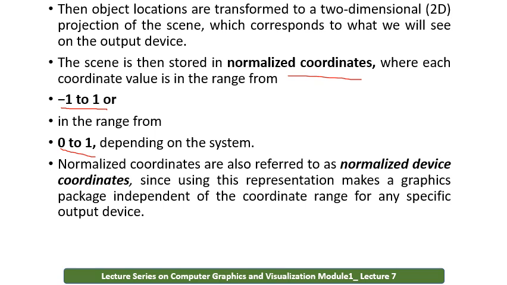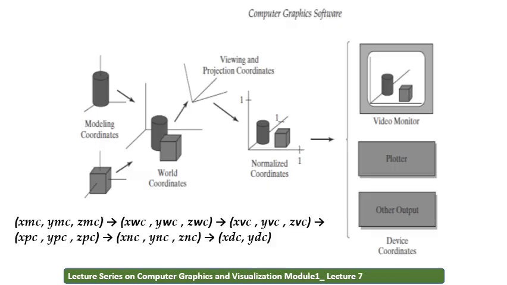Normalized coordinates are also referred to as normalized device coordinates, since this representation makes the graphics package independent of the coordinate range of any specific output device.